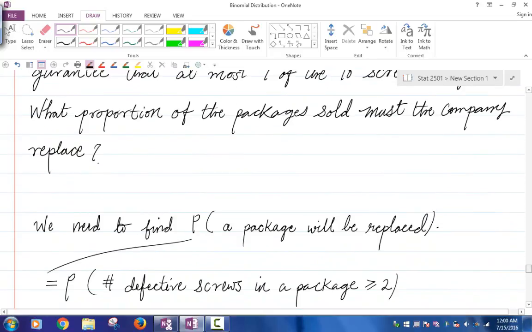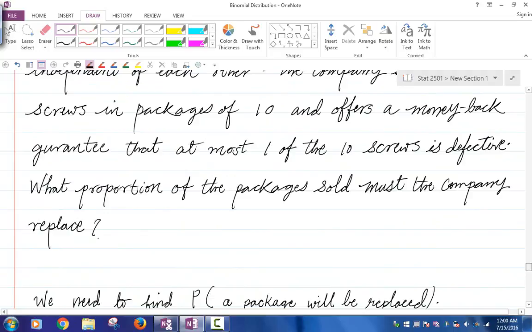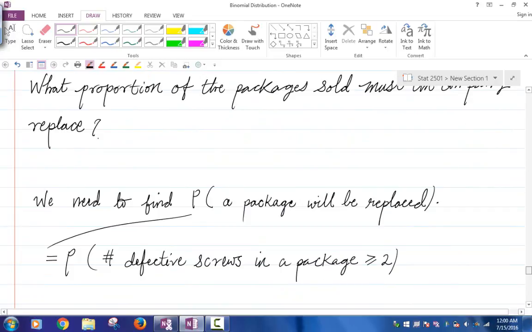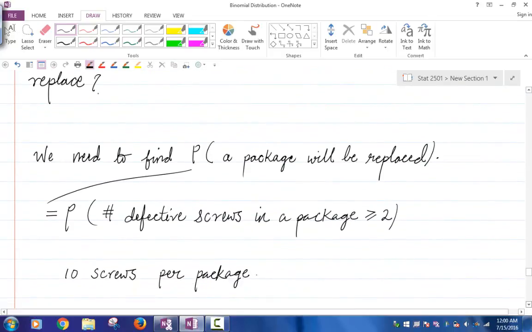Remember, a package will be replaced when there are at least two defective screws in a package. So what we need to find is the probability that the number of defective screws in a package is at least 2.